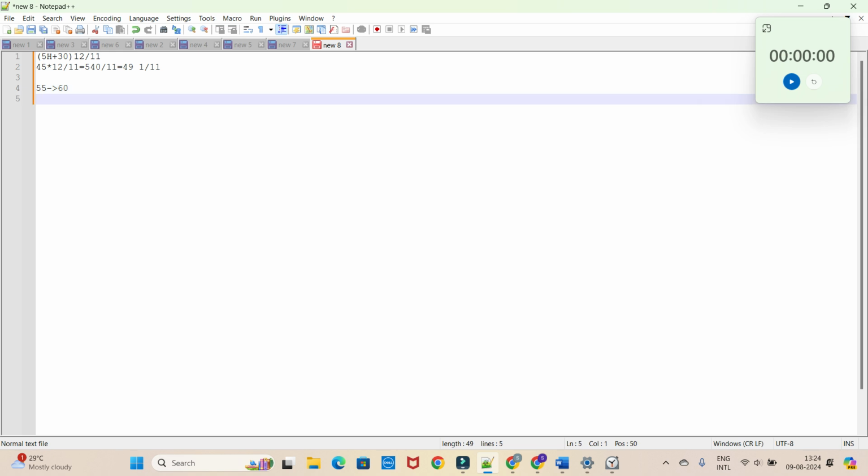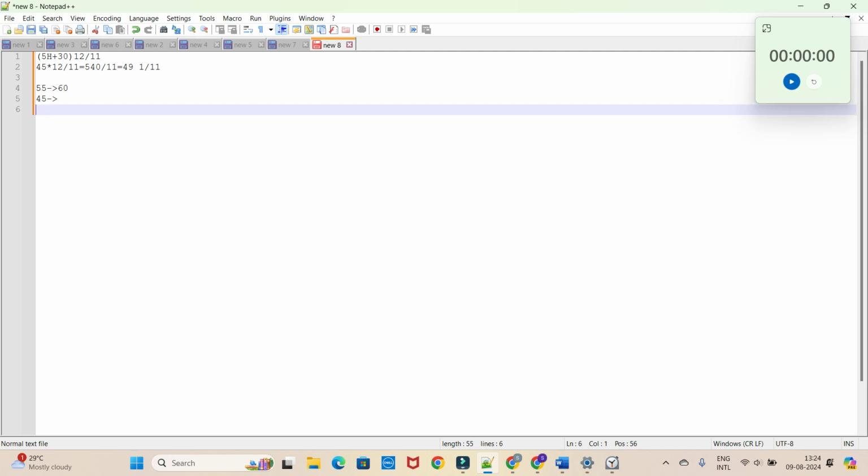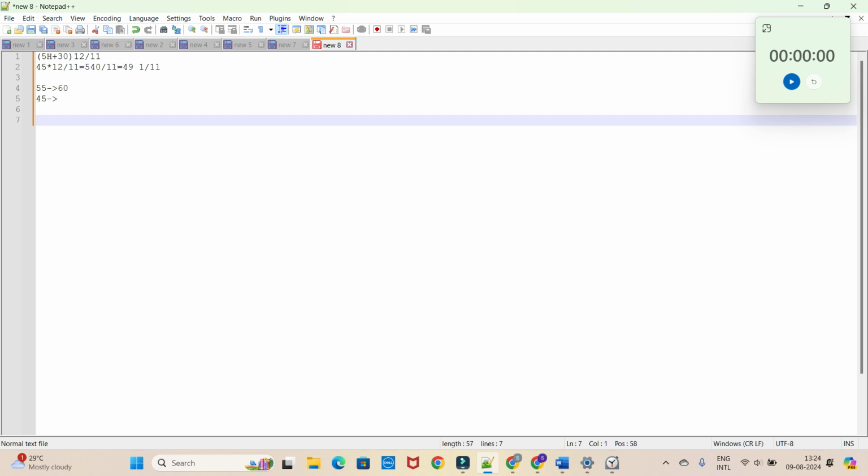For every 60 minutes, we have gained 55 minute spaces, so 45 minute spaces are gained in 60 into 45 by 55.